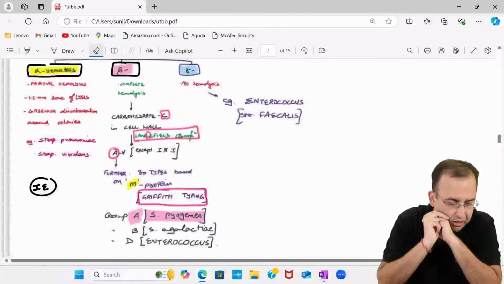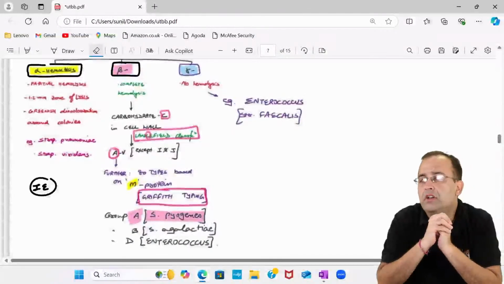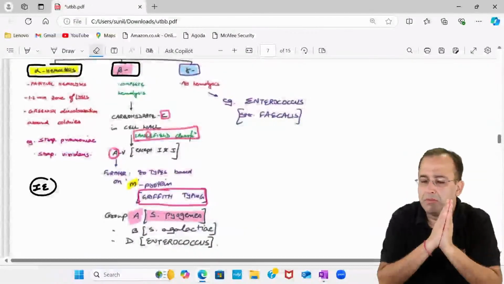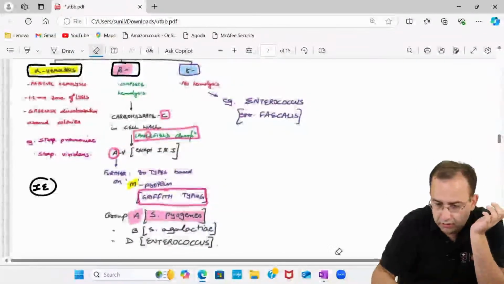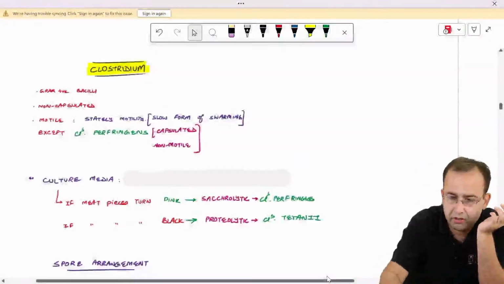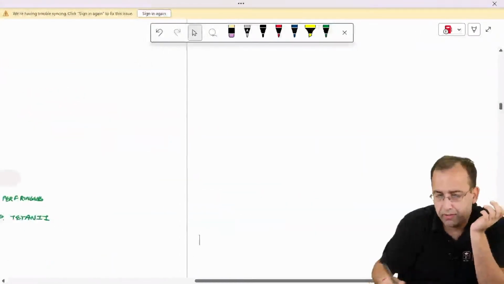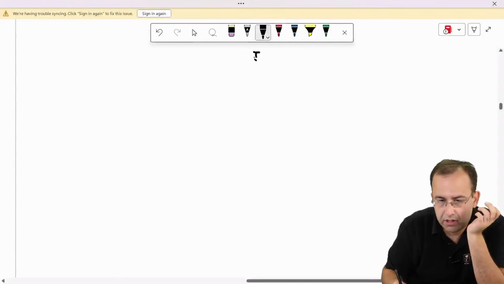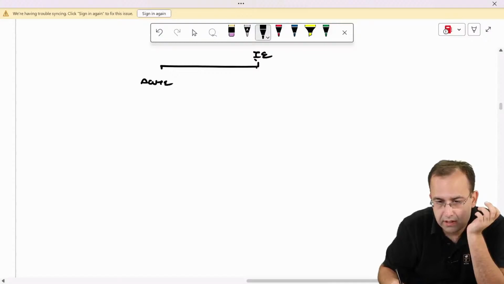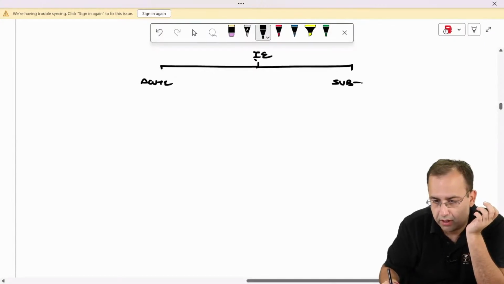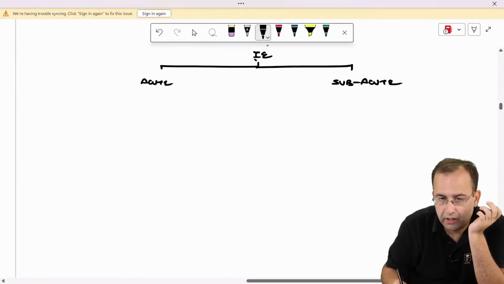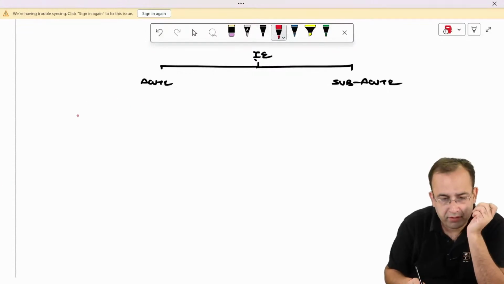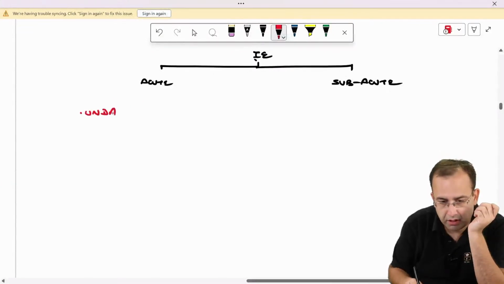Perfect. Next point. So this is with respect to streptococci. Let us have a look at infective endocarditis here only. Infective endocarditis is of two types, acute versus subacute. Acute infective endocarditis occurs in an undamaged heart.